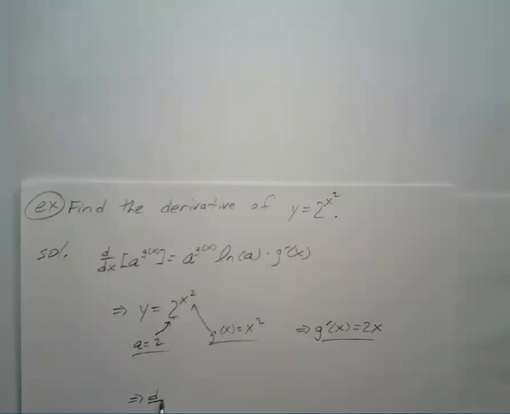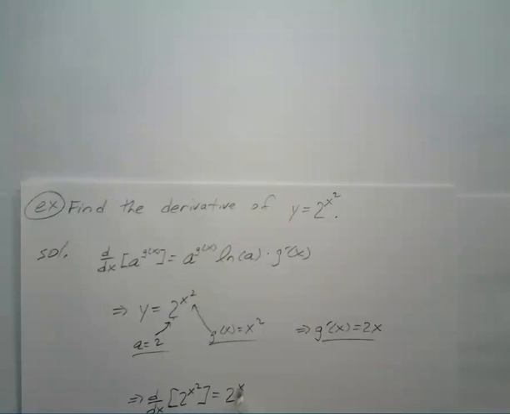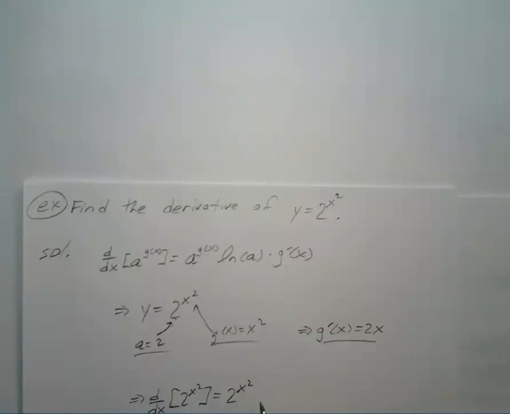So that means the derivative of 2 to the power of x squared is equal to a to the power of g of x, so 2 to the power of x squared, times the natural log of a, so that's the natural log of 2, times your g prime of x, which in this case is 2x.